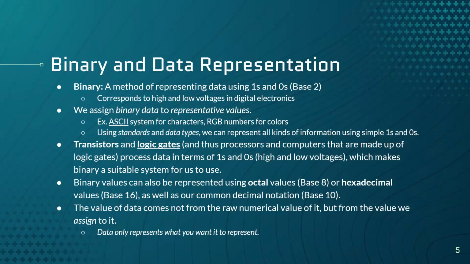Binary is 0s and 1s. We can use that to represent different things. So ASCII can be used for representing text. The standards and data types determine what that binary represents. So for example, my specific string of binary, if this was a character, that probably wouldn't be a readable character because the readable characters in ASCII are in like the 70 to 90 range, I think.